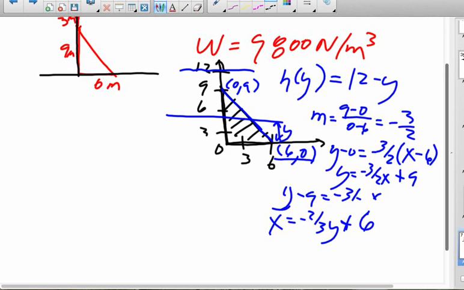So now what I've got is my L of y, which gives me my length.